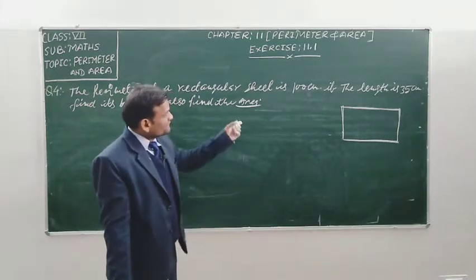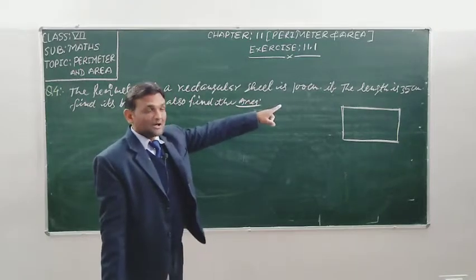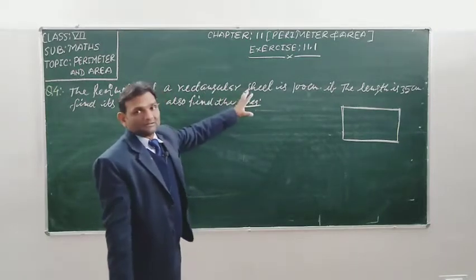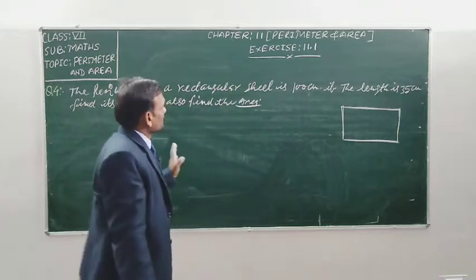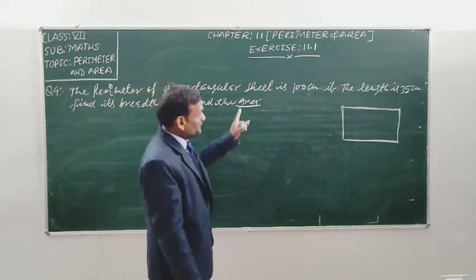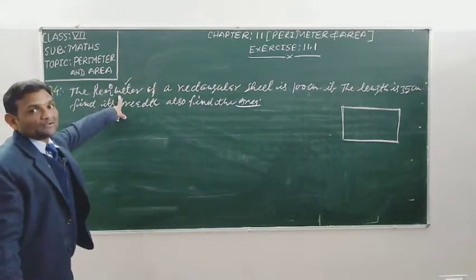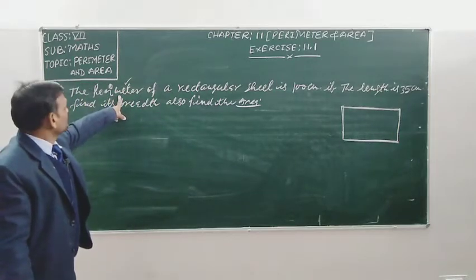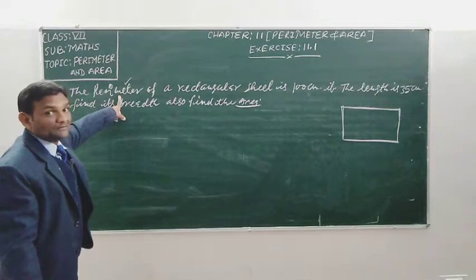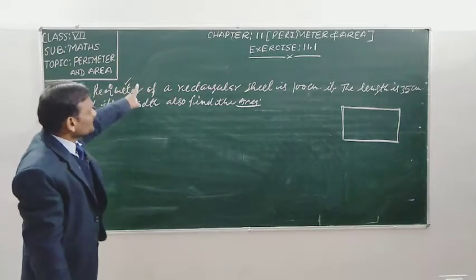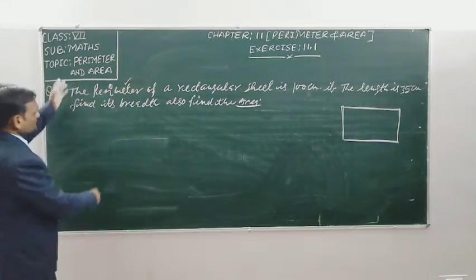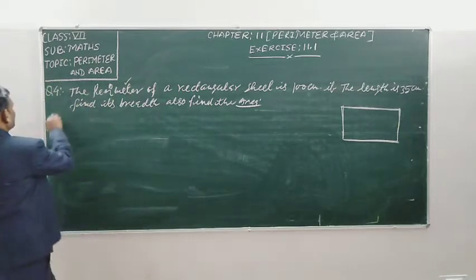It means firstly we need to find out the breadth of the rectangular sheet. For finding the breadth, perimeter is given here. How can we find out the breadth by the help of perimeter? So student, which information is given? Firstly note it down.